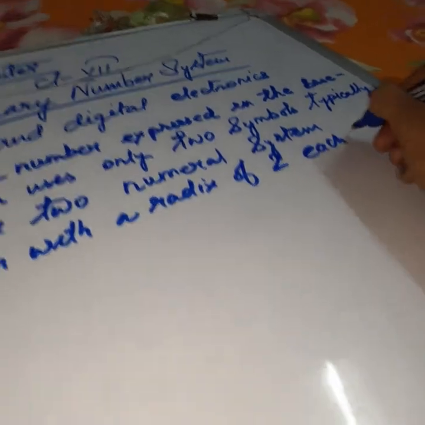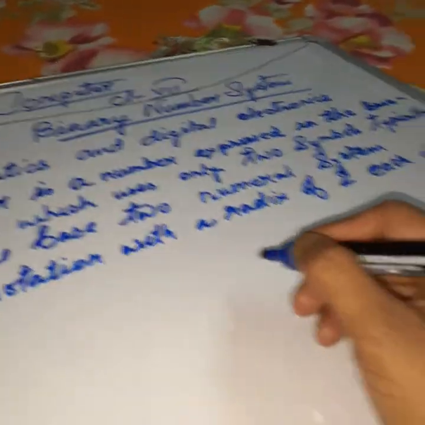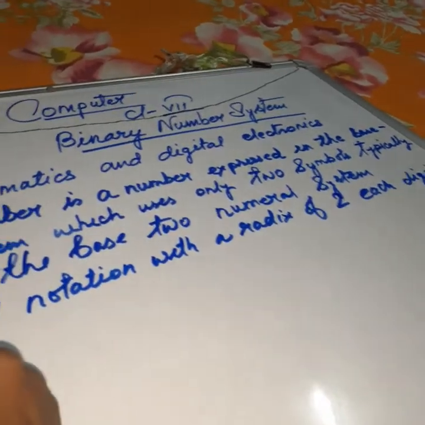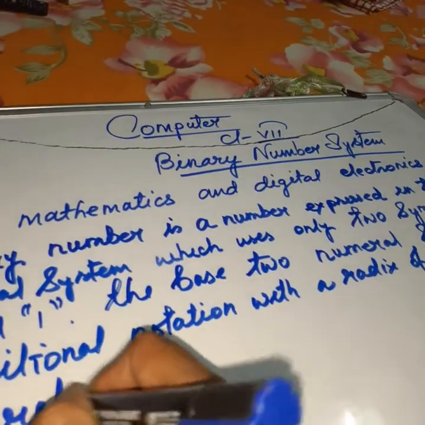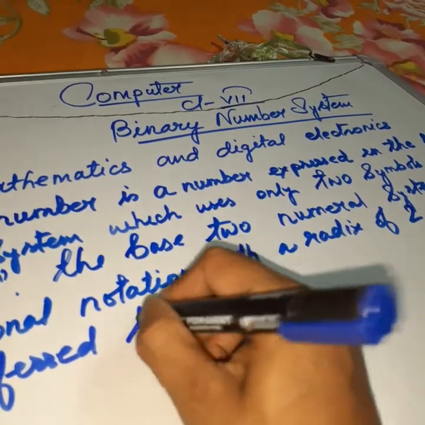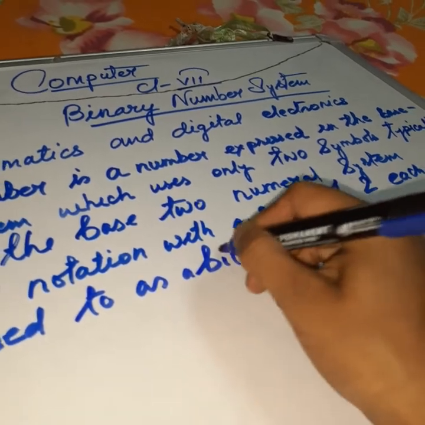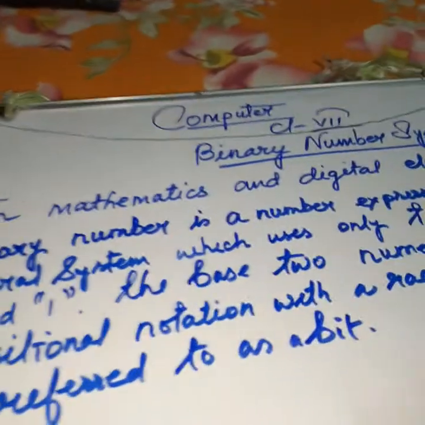Each digit is referred to as a bit. Now here it is known as the binary system.